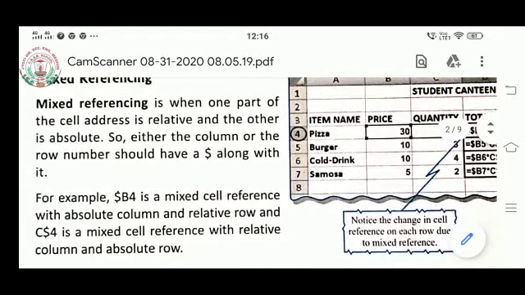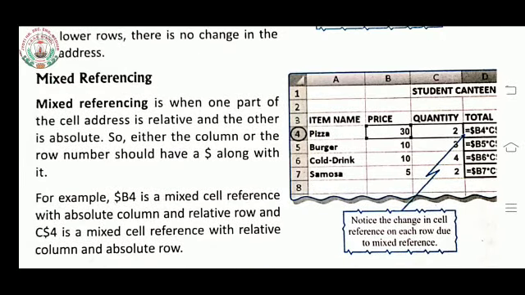Mixed referencing is where one part of the cell address is relative and the other is absolute. It is a mixture of relative and absolute referencing. Either the column or the row number should have a dollar sign with it.